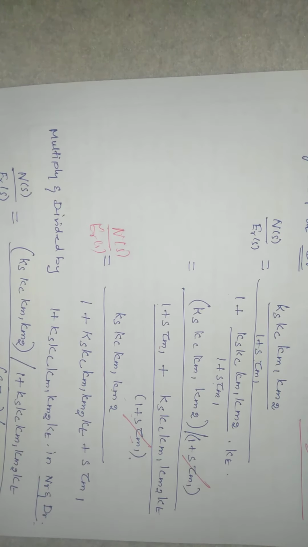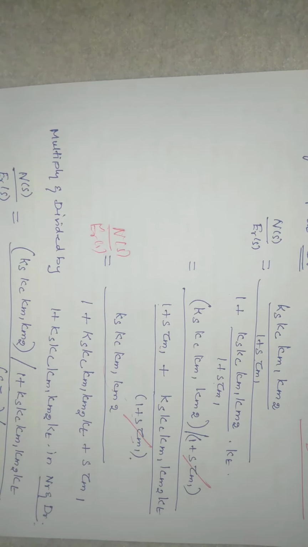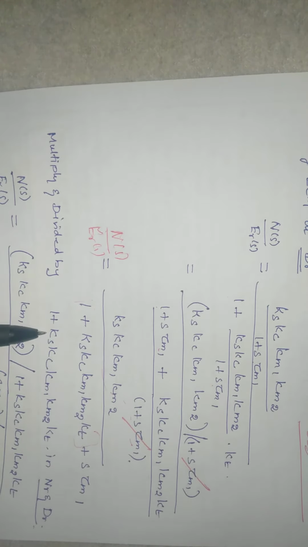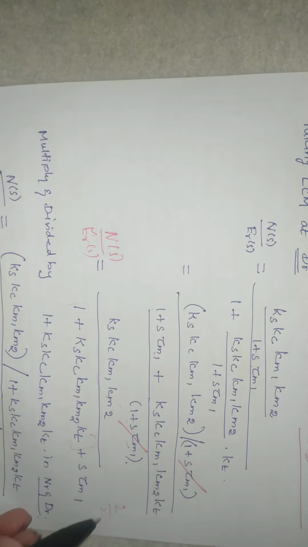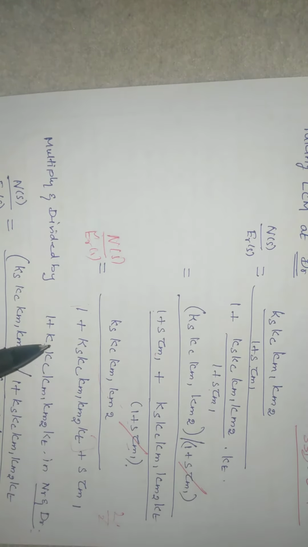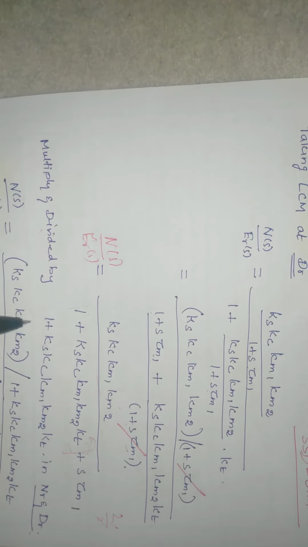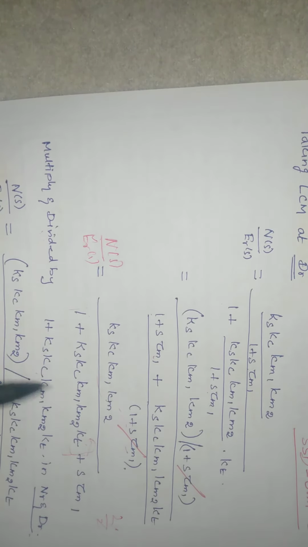Now we are going to simplify further. What are we going to do? If this entire term becomes 1, then it will be a further simplified equation for us. So we multiply and divide by a term. For example, if you multiply 2 and divide by 2, there is no change in the equation. So we are rearranging the equation for our requirement. We multiply and divide by 1 plus Ks, Kc, Km1, Km2, Kt.